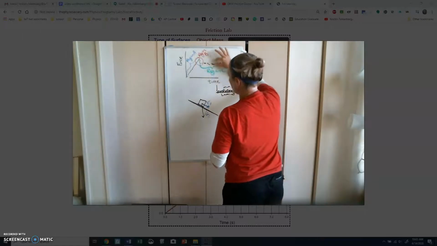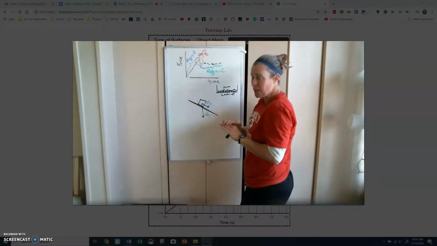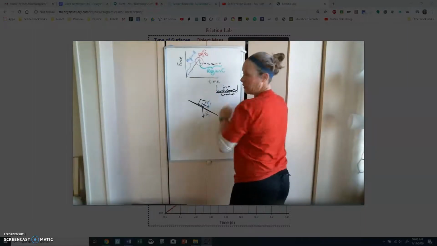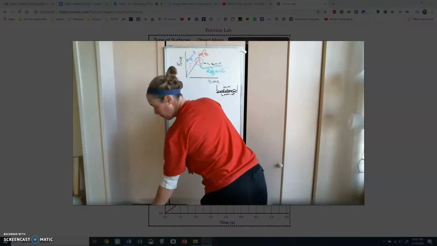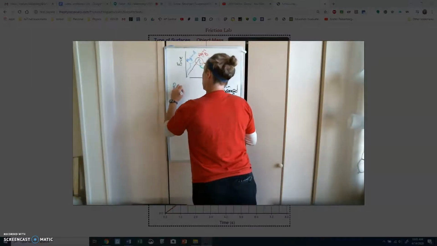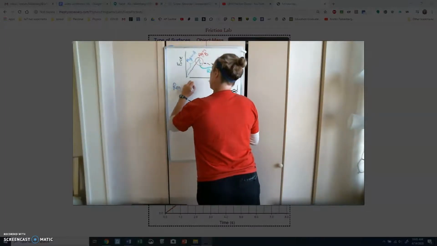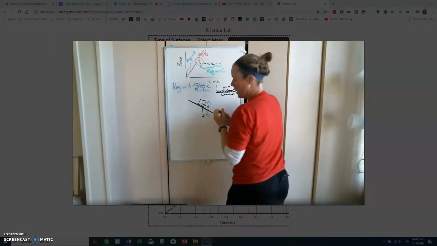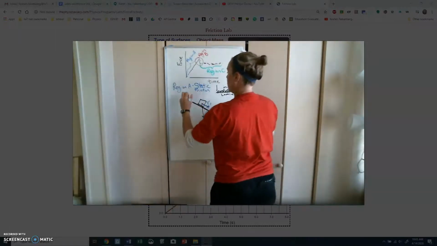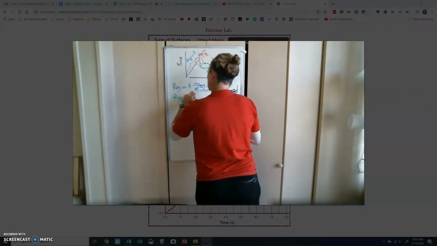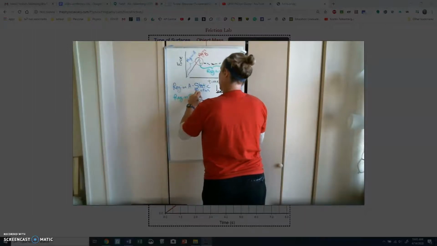So once the object starts moving in region C, the friction force is constant, but it's a moving friction. In region A, we had static friction, and in region C, we had kinetic friction.